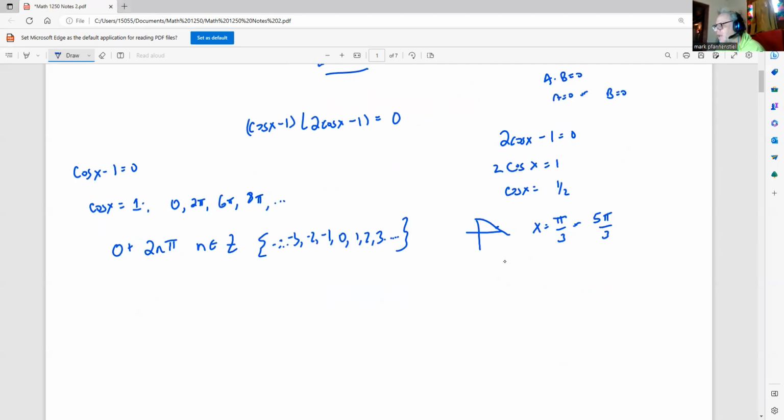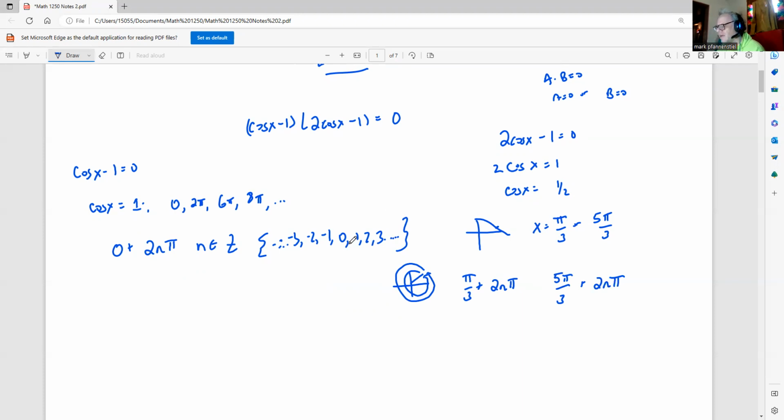So it's going to be pi over 3 plus every rotation after that. We have pi over 3 here, but every time we go around a circle, we're going to hit that answer again. So it's pi over 3 plus 2n pi. It's also 5 pi over 3 plus 2n pi.